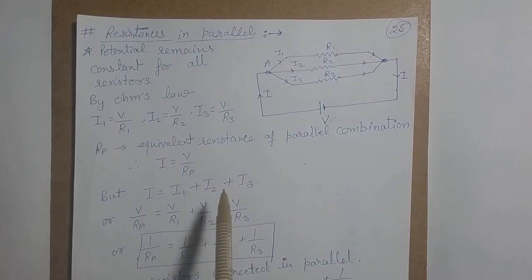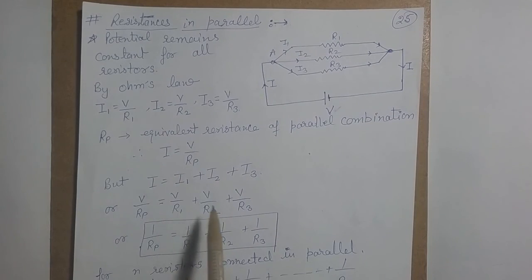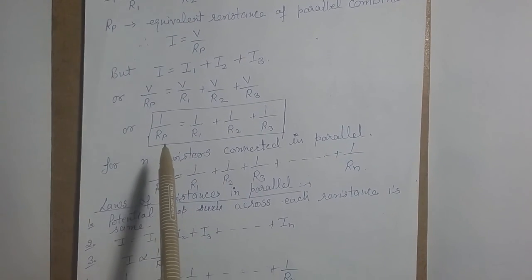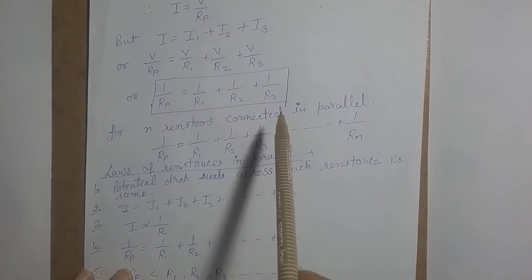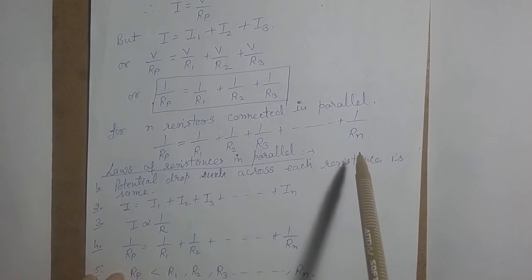We know that total current is the sum of all the currents. Applying the formula of Ohm's law and substituting the terms, we get 1 upon Rp equals 1 upon R1 plus 1 upon R2 plus 1 upon R3. This is the case for n resistors connected in parallel.